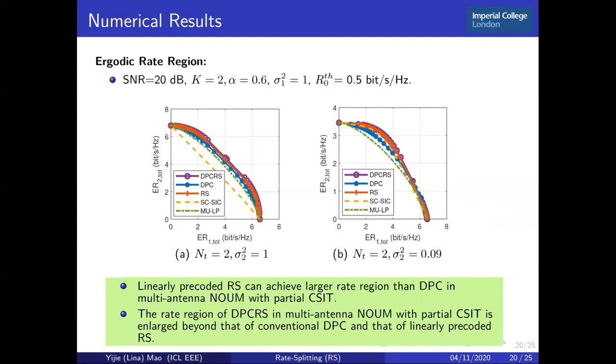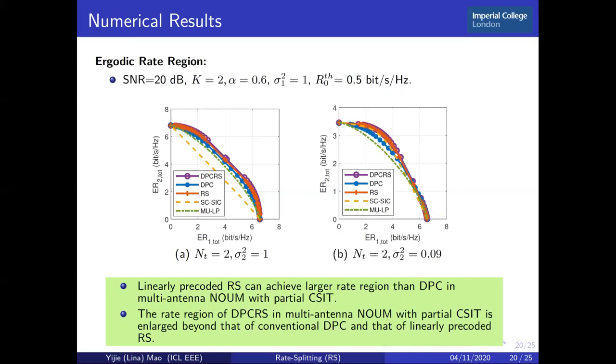When sigma 2 squared is equal to 1, the two users have equal channel strength on average. When sigma 2 squared is equal to 0.09, there is an average of 10 dB channel strength disparity between the users. In both figures, we can see that linearly precoded rate splitting, which is the orange curve, outperforms dirty paper coding, which is the blue curve here.